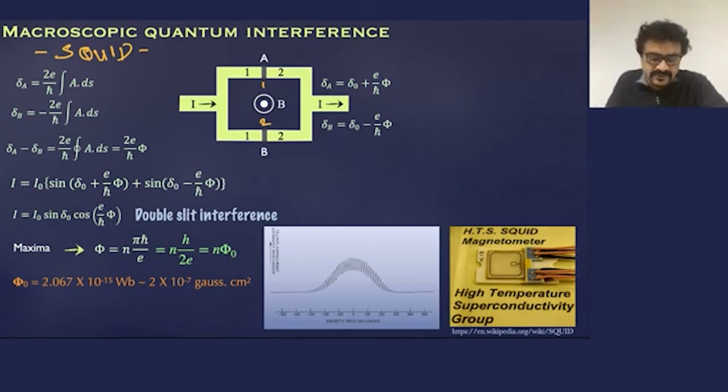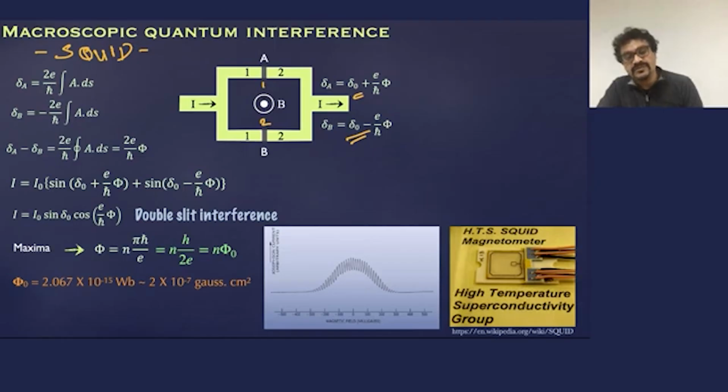The phase difference for the charge carriers propagating through the upper arm and the lower arm basically has two parts. One, the natural phase that is going to get accumulated along this length, and let's assume that it is the same because this is a symmetric ring, and both are delta zero.